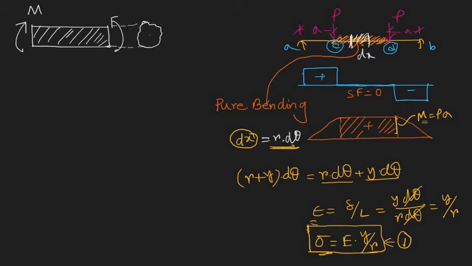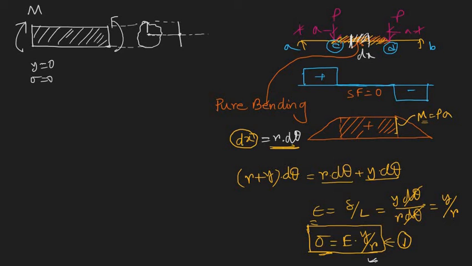So you can see that along the depth of this cross section, the stress varies linearly if this is the neutral axis, and y is the distance from the neutral axis. At the center, y is 0, so the stress is 0.